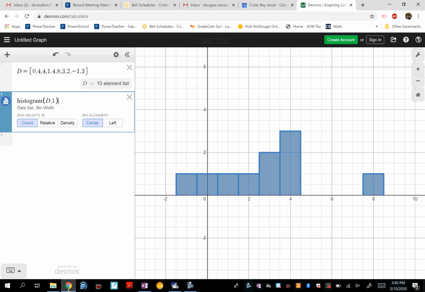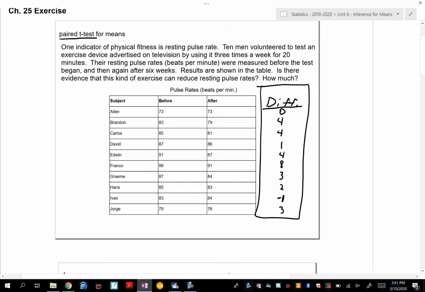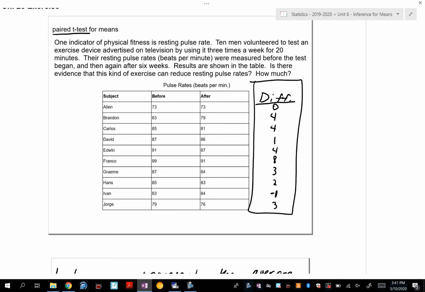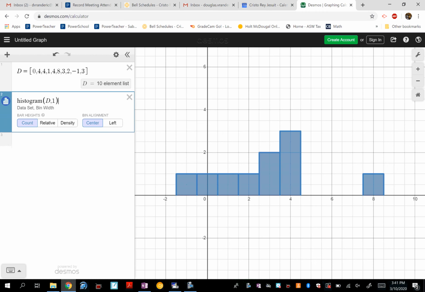Possible outlier at 8. Right. Who's this guy? Maybe Franco. Possible outlier here with Franco. Well, no. The 8 is all I care about. Again, all I care about are these numbers now. Interesting negative. Do I think that is a problem? Maybe it's causing that. I think it might be skewed.